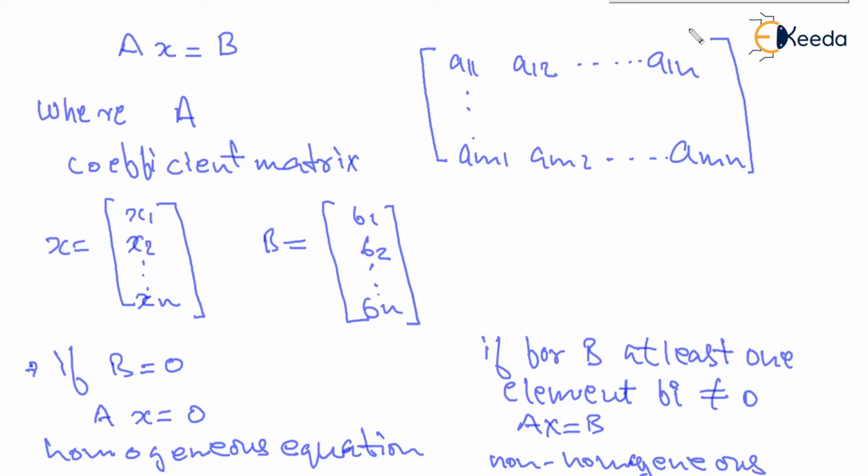Now we'll see what is A augmented B. So now we know this Ax is equal to B. This A is an m cross n matrix, and the number of rows of B is m, so m into 1, right? Number of rows are the same.